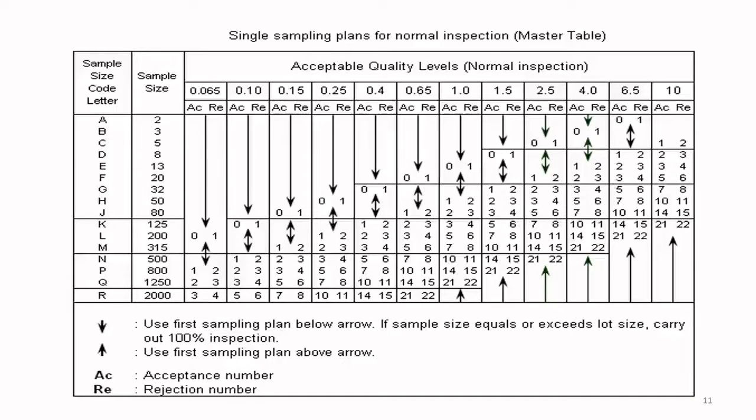But if the AQL is 0.065, in that case, if 80 samples have to be inspected, zero defectives are allowed. Even one defective means it will be rejected. So what we are saying here is, if you have an AQL of 4, it is relaxed. If you have an AQL of 6.5, it is more relaxed. If you have an AQL of 10, it is all the more easy for you.